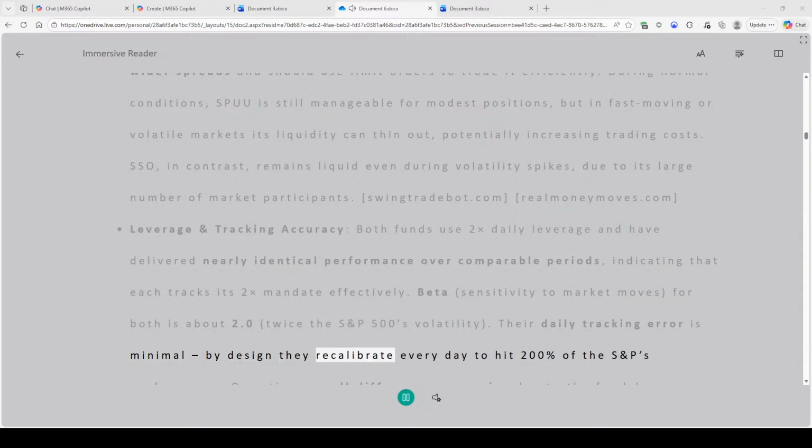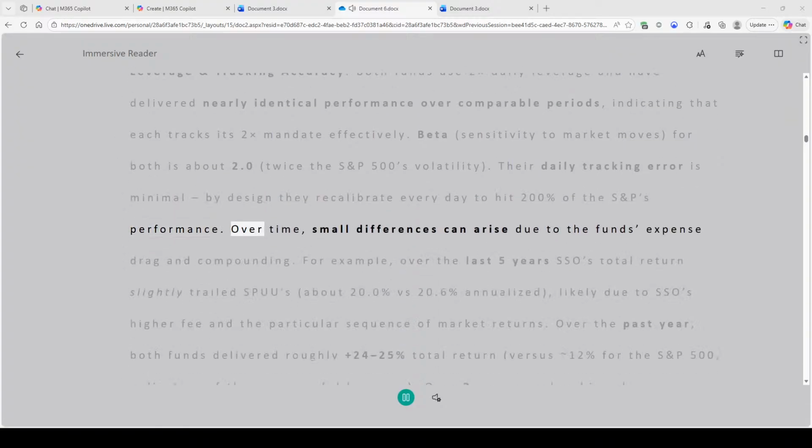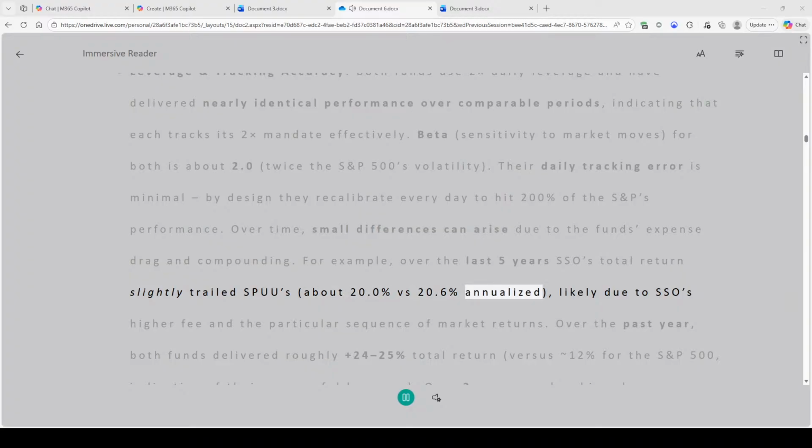By design they recalibrate every day to hit 200% of the S&P's performance. Over time, small differences can arise due to the funds' expense drag and compounding. For example, over the last 5 years SSO's total return slightly trailed SPUU's, about 20% versus 20.6% annualized, likely due to SSO's higher fee and the particular sequence of market returns.